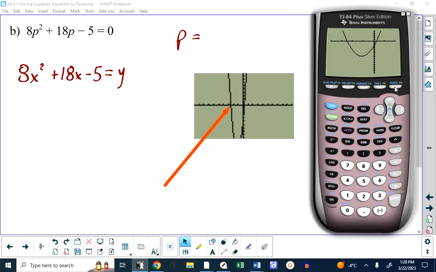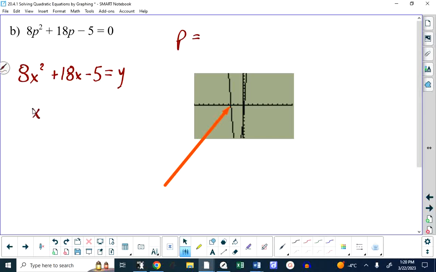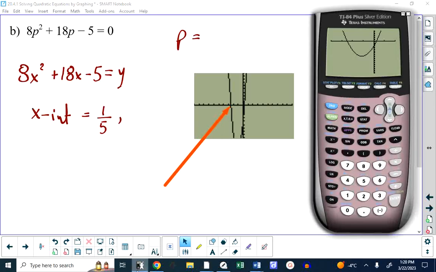Okay, we'll get working on it then. I don't think it's 1/5, is it?